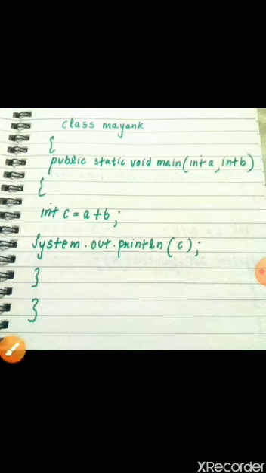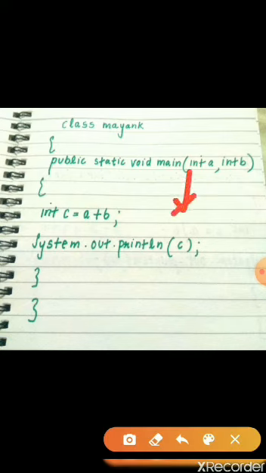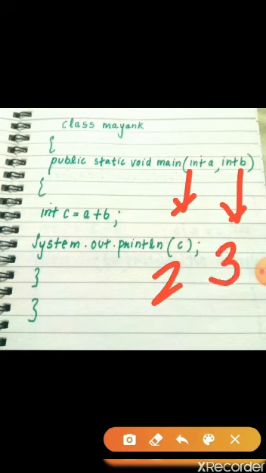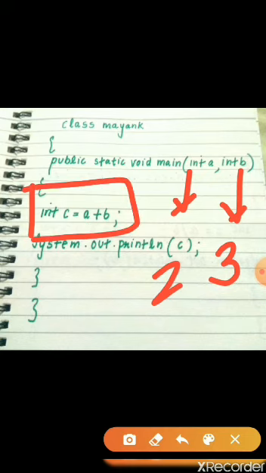When you type this program on a laptop or a PC, the computer will ask you for the value of integer a and integer b. Suppose I give integer a the value 2 and integer b the value 3. Now this line will add these two numbers.